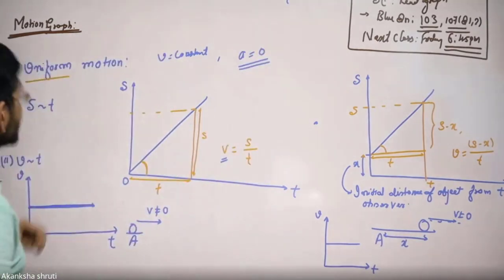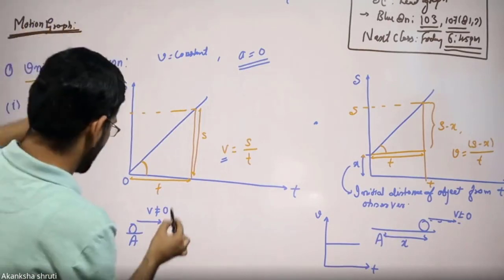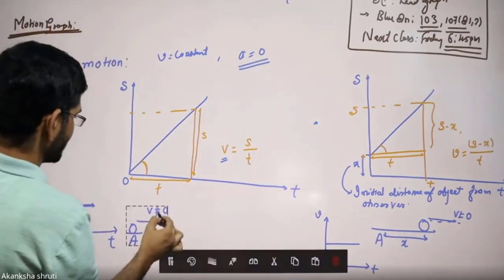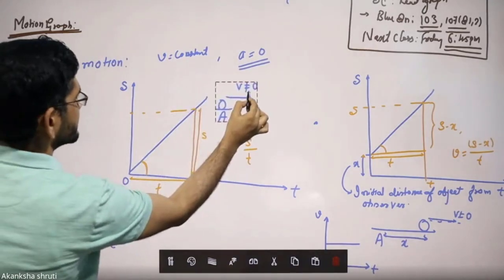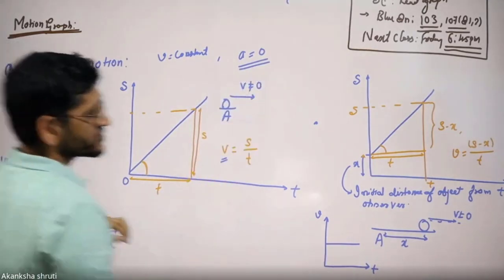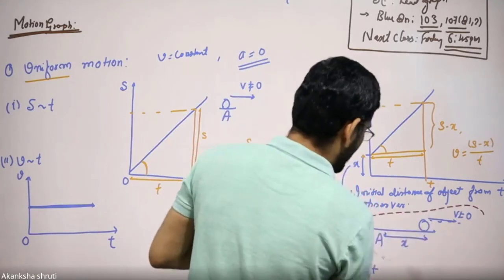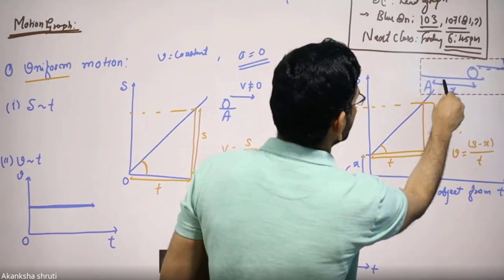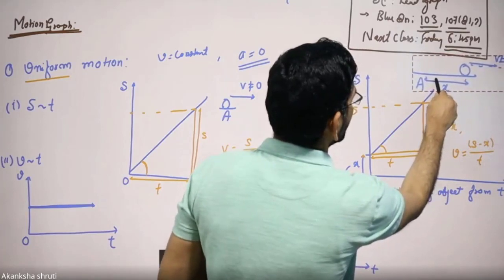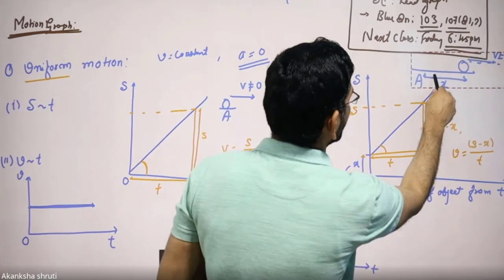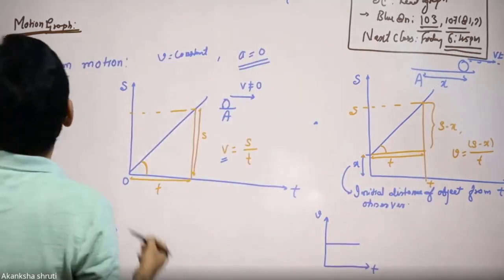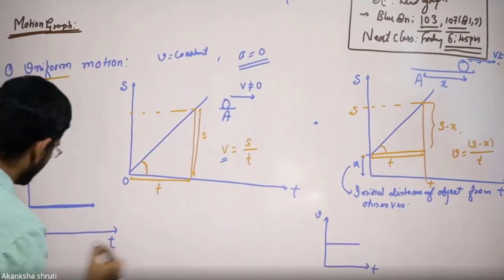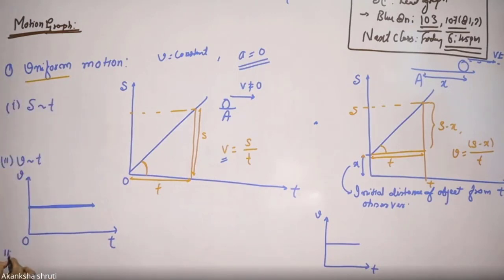So the third graph that we can draw is our acceleration time graph. So let us draw the acceleration time graph for this situation. The third one is our acceleration time graph, denoted as AT curve.